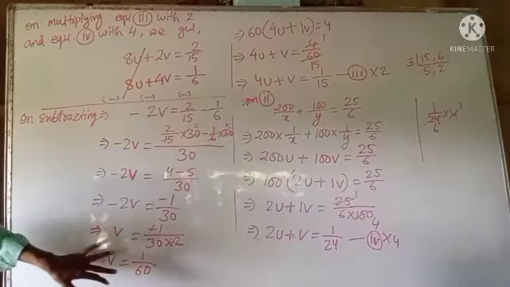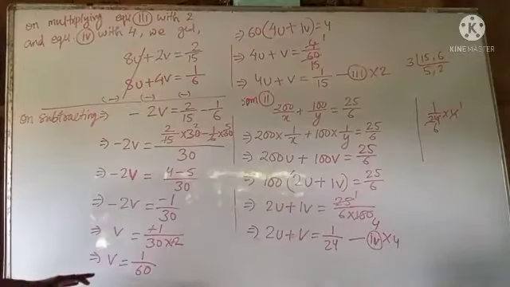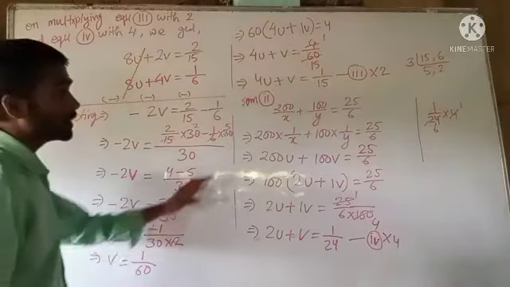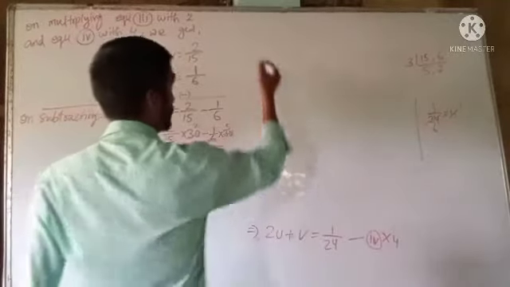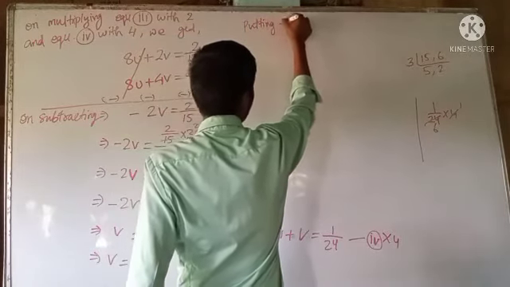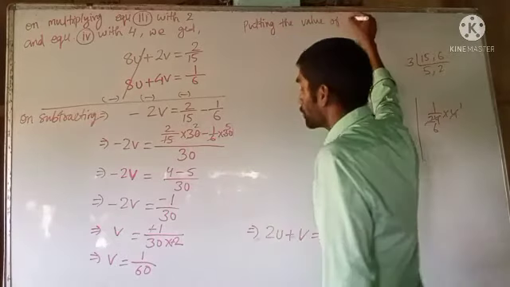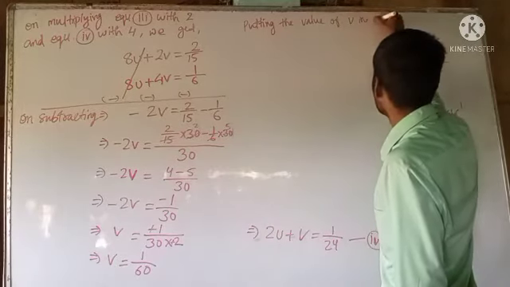Now that value of v we will place in equation 3 or equation 4. We will find the value of u also. So let us place in equation 4 here. So we'll write here, putting the value of v in equation 4.